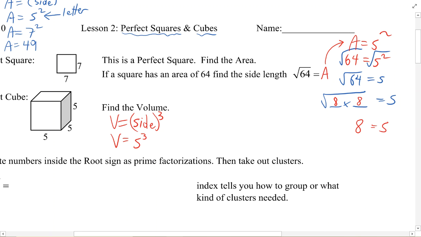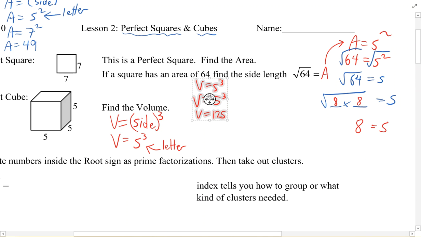I know my S's look like 5s and vice versa, and that's why I hate doing area. Whoops, it's a letter. So, volume equals S cubed, volume equals 5 cubed, volume equals 125.